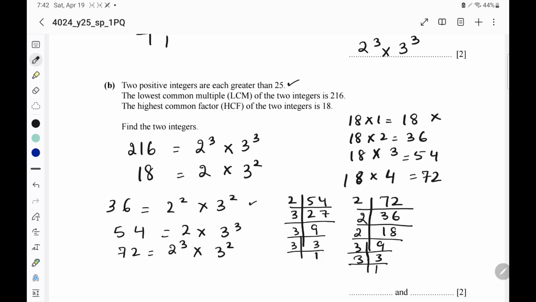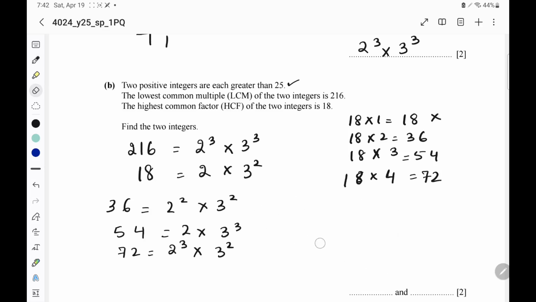All are multiples of 18. For example, if I take the first two, the LCM will be 2 square into 3 cube, and the HCF for these two will be 2 into 3 square.